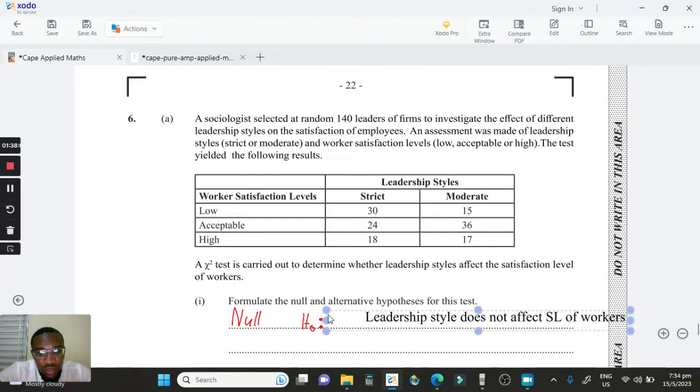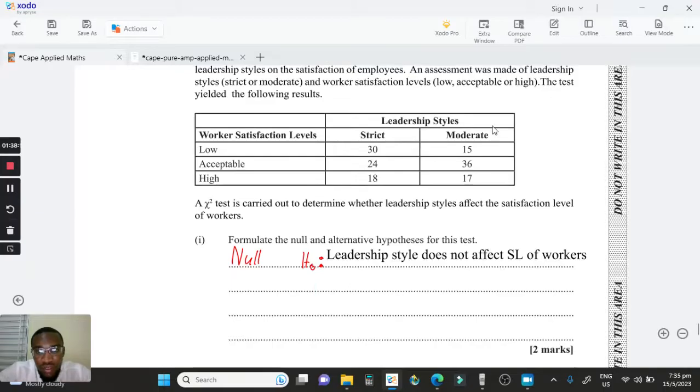Bring this over. So the null hypothesis is that leadership style does not affect satisfaction level of our workers.